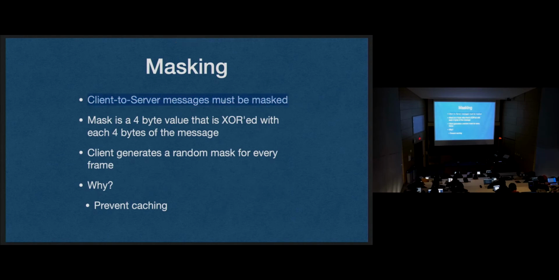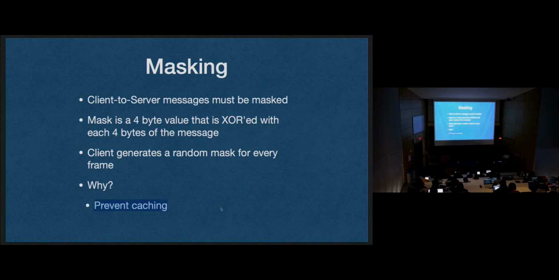So these messages are masked when the client is sending a message to the server. We have the payload that's XORed with the mask and just looks like random garbage, and then you have to read the mask and XOR again to basically undo the XORing and get back to your original message. Again, this is something to prevent caching.